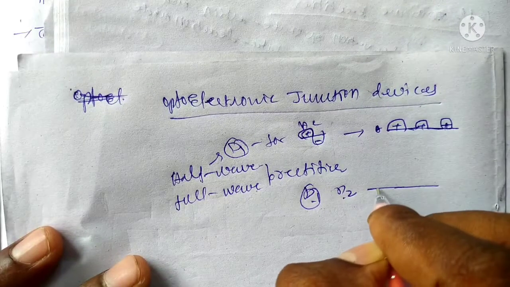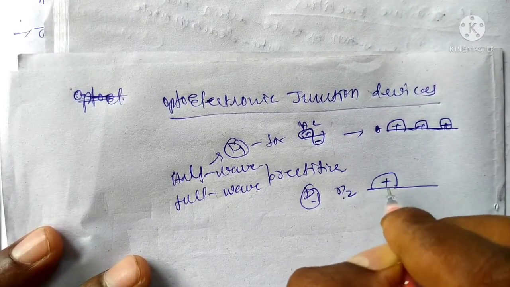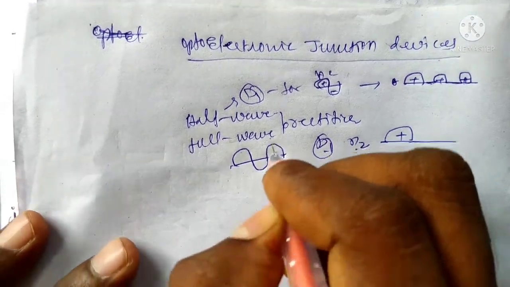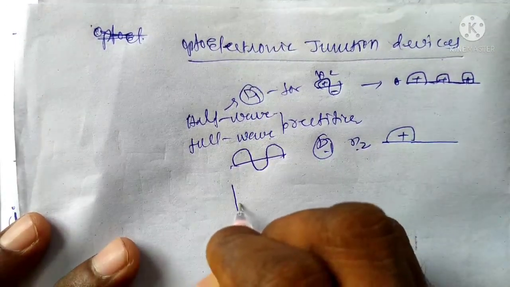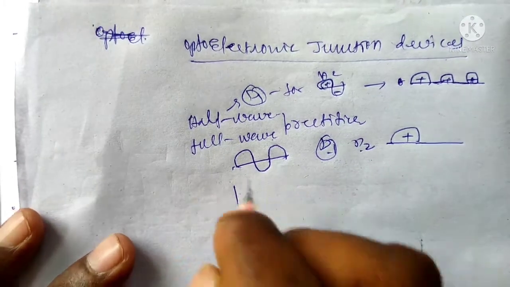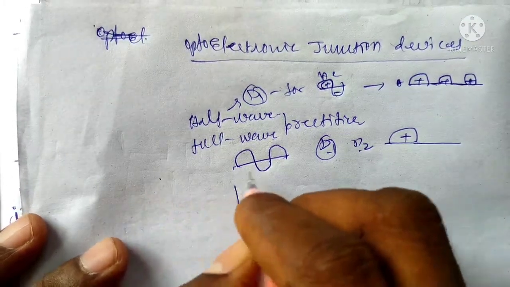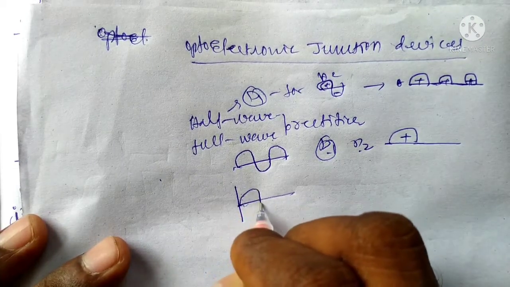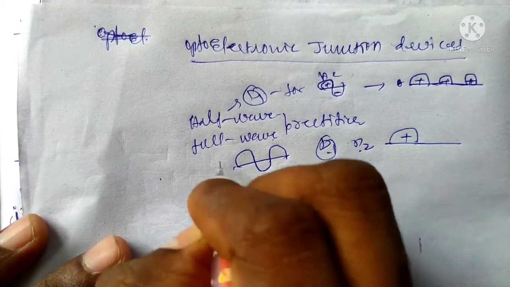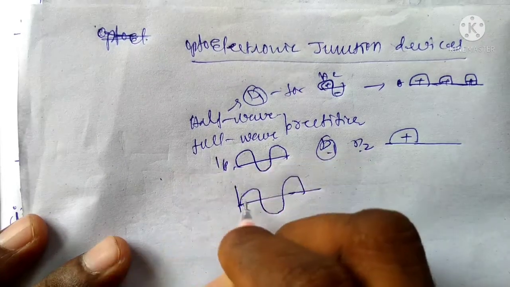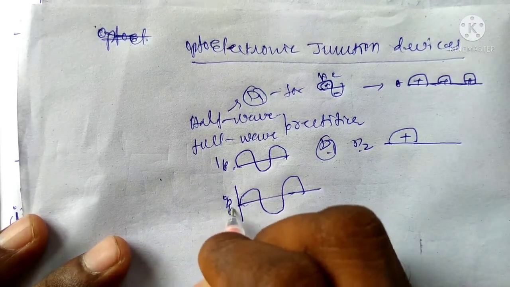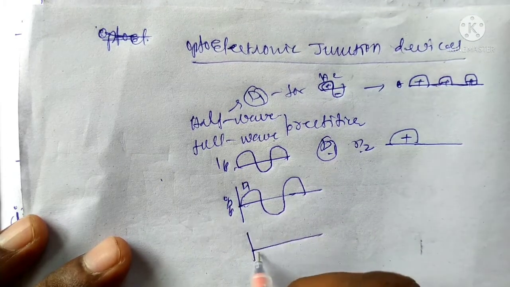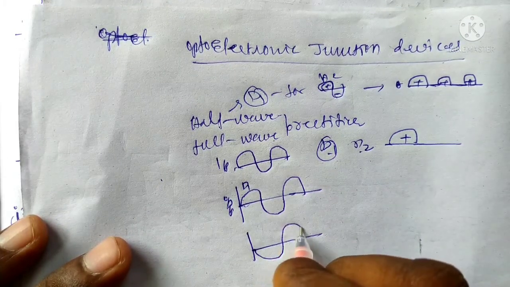Then we get the output voltage. We apply the input voltage like this, as in the circuit diagram. This is the input voltage and this is the output. The output is due to D1 and also D2.